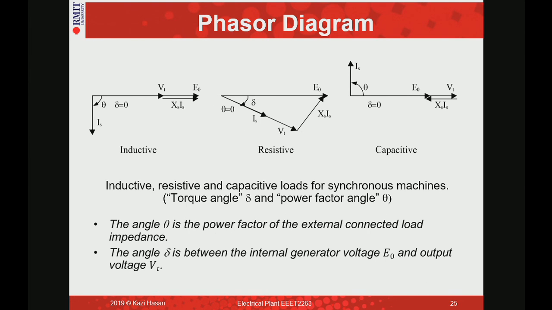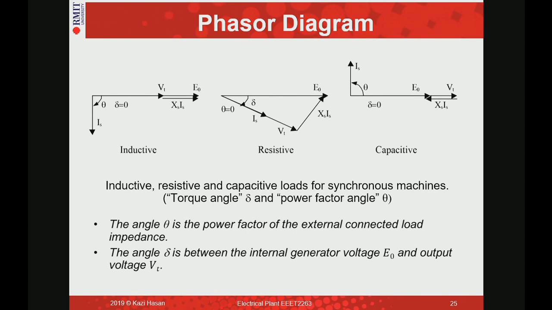Why I put this? You have some study materials for this course, isn't it? In that material this diagram has been given, so I haven't changed it. But we have drawn these three for inductive, resistive and capacitive. The angle theta you see, that is the power factor angle of the external load impedance.